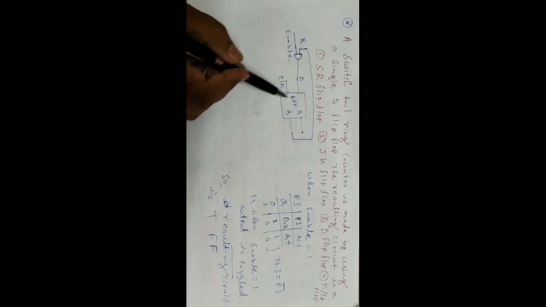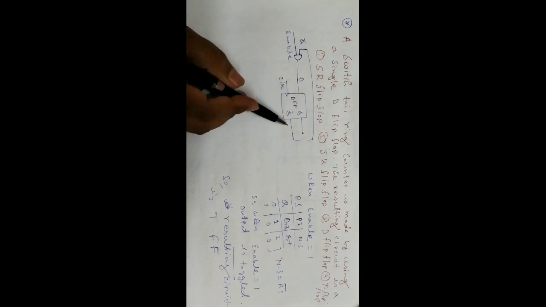The D flip-flop is constituted by a single input, which is nothing but D. It has a clock also. Okay, this is the flip-flop, and that is the clock also.